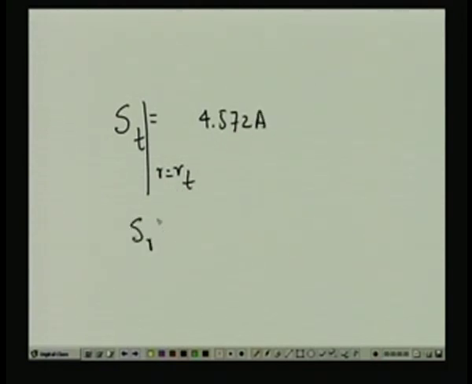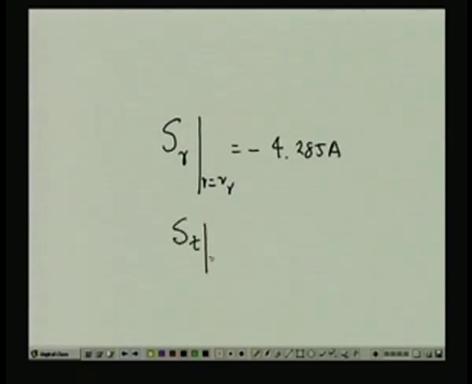SR at R equal to RT equal to 4.344 A. Now, again SR at R equal to RR is minus 4.285 A and ST at R equal to RR is minus 0.139 A.